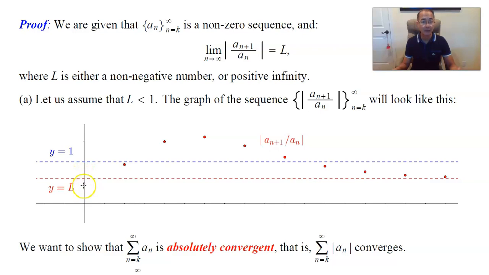We are going to construct an epsilon strip around y equals L. And the important part is it's going to be entirely below y equals 1, right? So eventually, all of the terms, beyond a certain point rather, will be within that epsilon strip. Okay, let's go back to the proof.